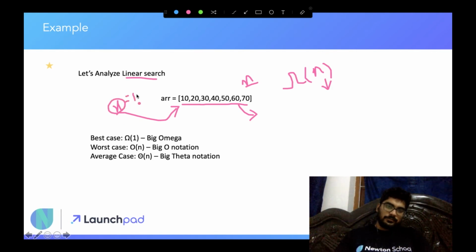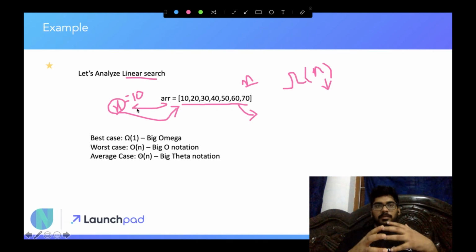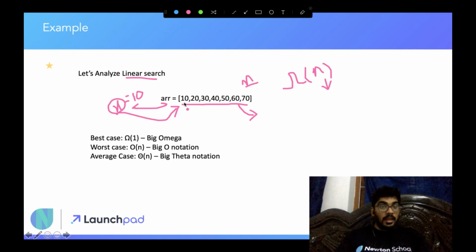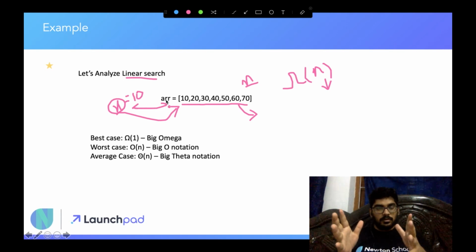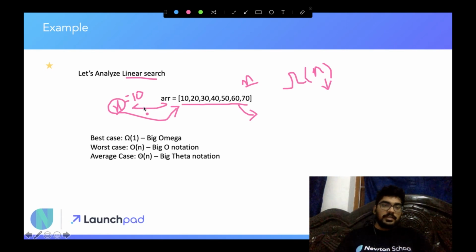So what will happen? When it matches the first number, there is a match. That means I cannot have a situation better than this. I have an array and I am trying to match an element in the array. Now you see the first element you matched, that is a perfect match. How many steps did you need to match it? Just one step. So it will be 1.